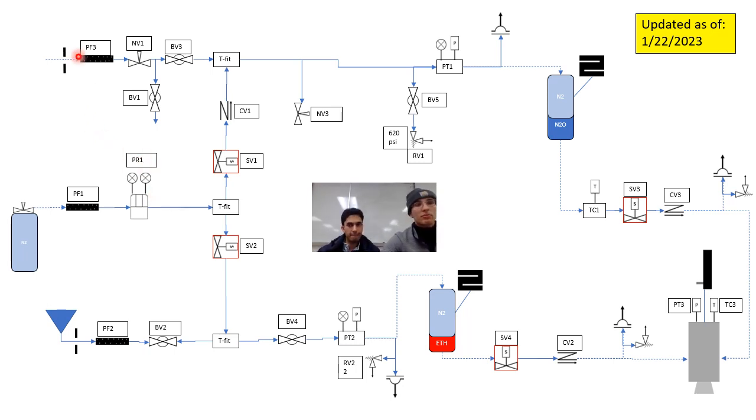In general, the top is the nitrous oxide system. That's where nitrous oxide flows in, gets filled into, and then flows through into the engine right here. The nitrogen, which is pressurizing this system, does multiple things.